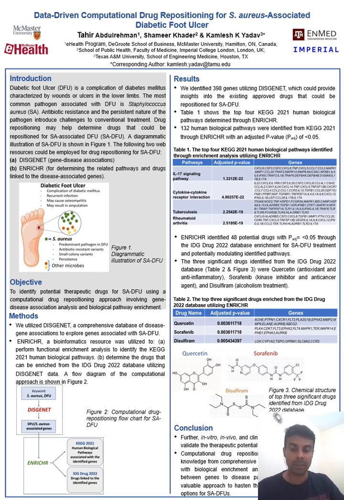Also, we performed an enrichment analysis of the IDG drug 2022 database, and we identified 48 potential drugs with an adjusted p-value of less than 0.05. So among the 48 potential drugs, the top three significant drugs were quercetin, sorafenib, and disulfiram.